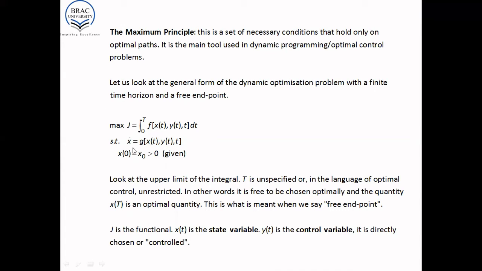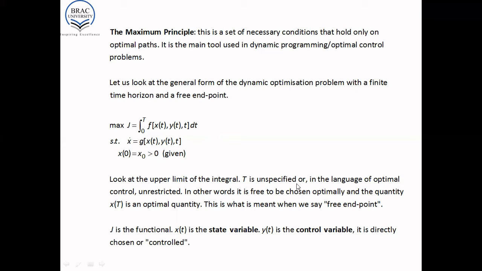So x dot is equal to some function g of x of t, y of t, and t. And then you have a boundary condition, x of 0 is equal to x naught, which is greater than 0, and this is given.